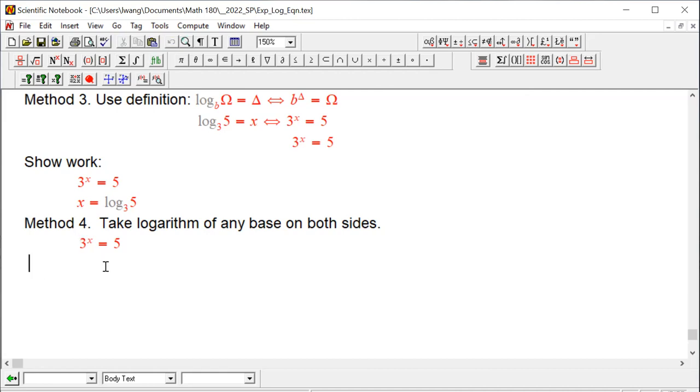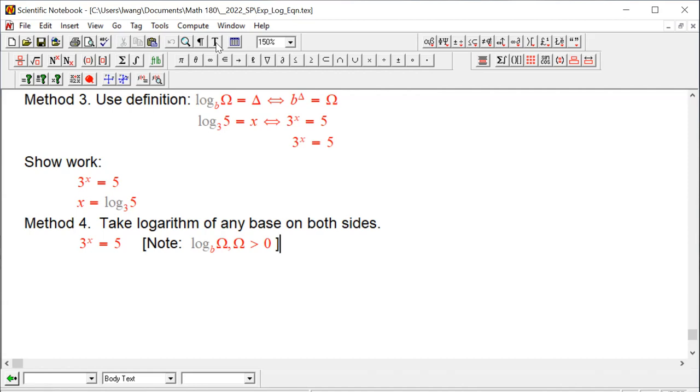But before you take a logarithm, you have to make sure both sides are positive because of the domain requirement. Note: when you do this method, you need to be aware, log base of anything, you can choose any base, right? Omega, this omega, the domain is that it has to be positive. So this must be observed.